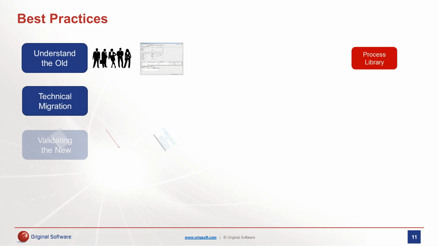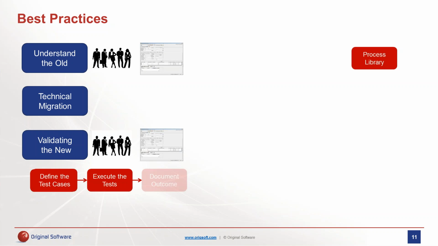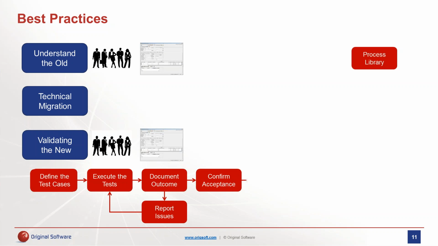Once we perform the technical migration, we're going to want to validate the new architecture. So you now have the as-is, it's your blueprint, if you like. And then obviously the process of executing those tests, documenting the outcome, reporting of issues, etc. And there are obviously lots of opportunities here for automation to help with the validation.